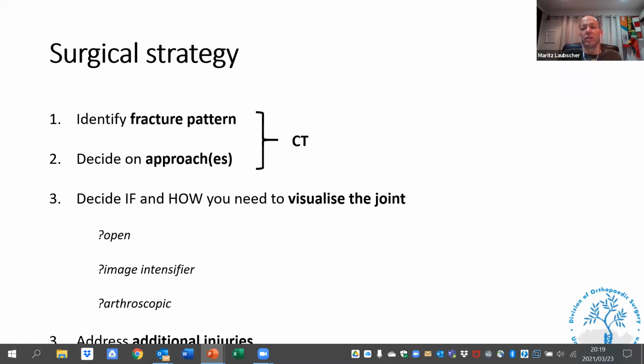Unfortunately, because the joint is full of blood clots, it's never just simply quickly sticking a scope in. You can hardly see anything, and you need to first debride some of the joint and wash it out before you can see anything.